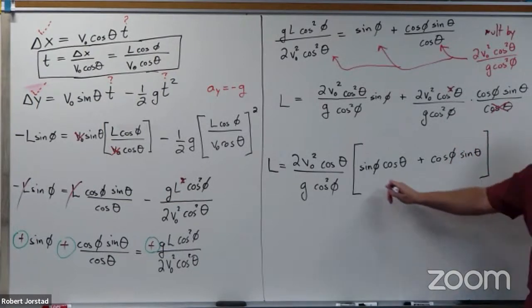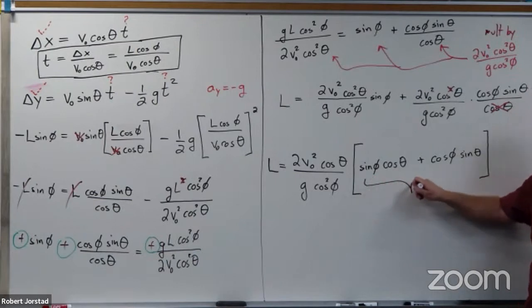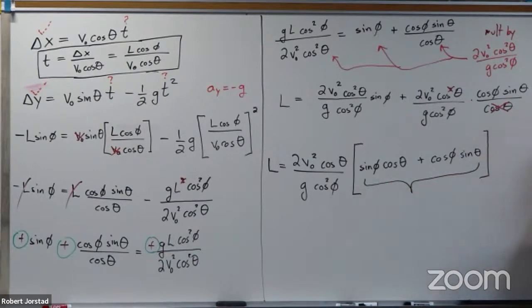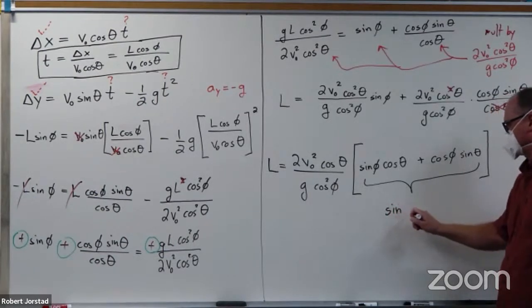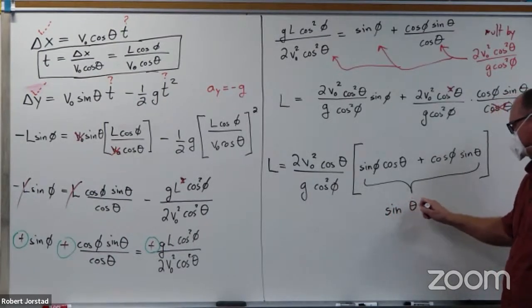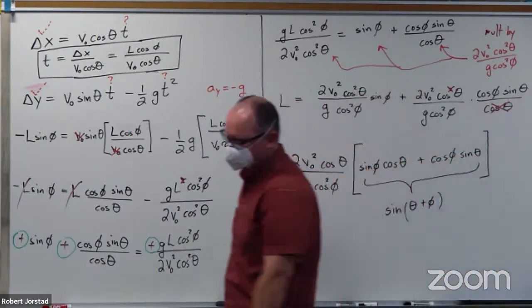Gee, I wonder what this is. Does anyone recognize this from trig class? Sine A cosine B plus, remember those? If you don't know that, it's okay. Let's make sure I wrote it down right.